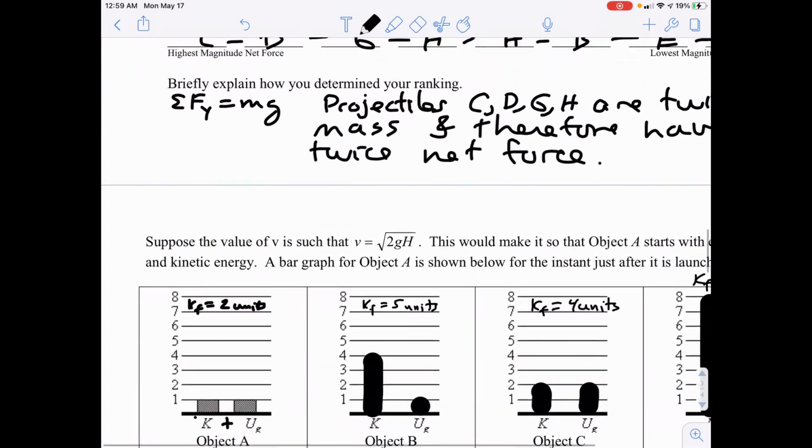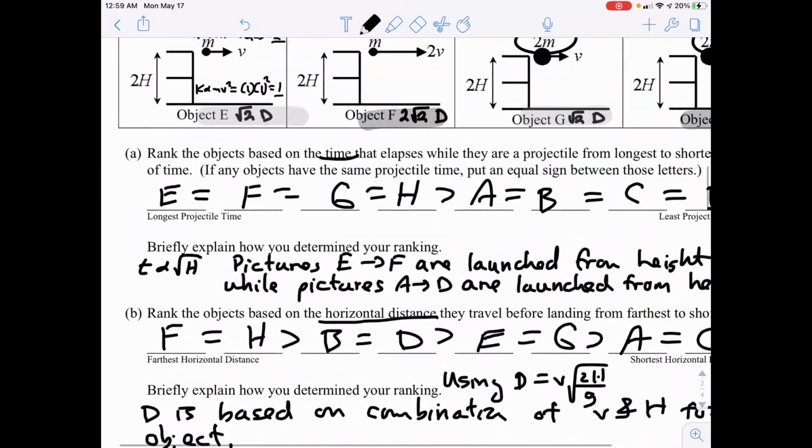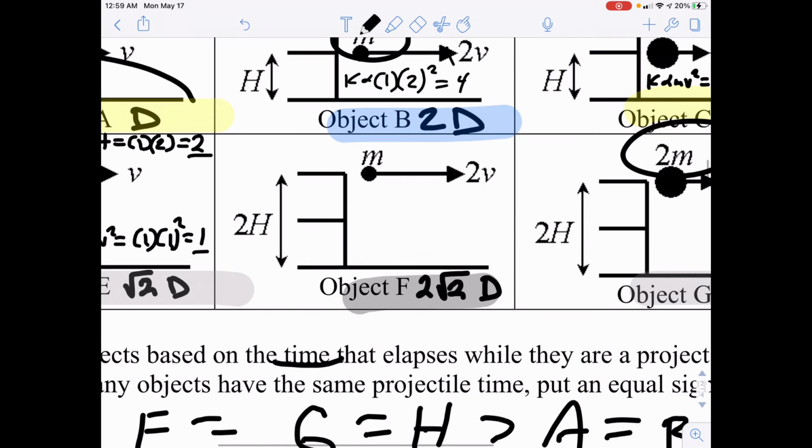Let's look at object F. Object F would have potential energy proportional to mH, which has 1 mass unit, 2 height units. So the potential energy is 2 times greater than object A. Kinetic energy is proportional to mv squared. We have 1 mass unit with 2 velocity units. 2 squared is 4, times 1 is 4.